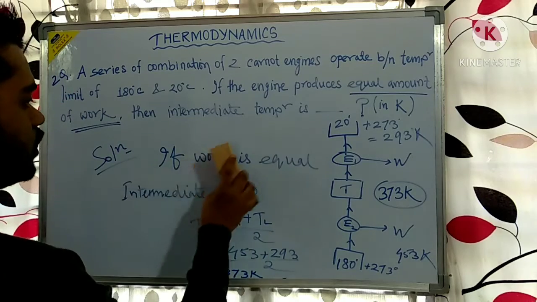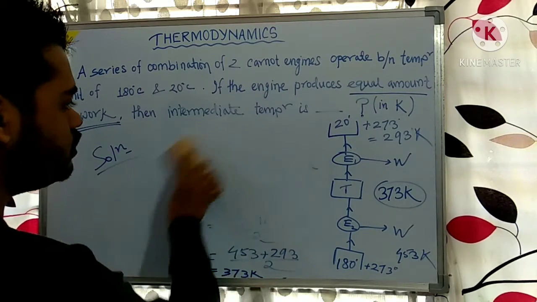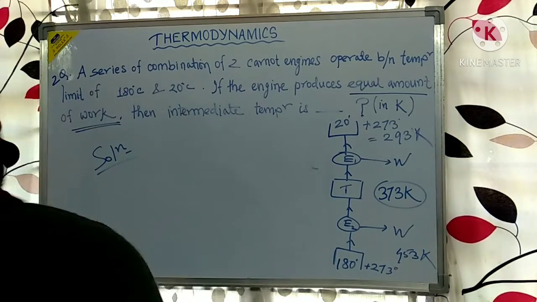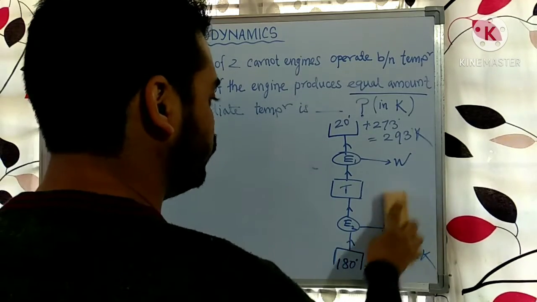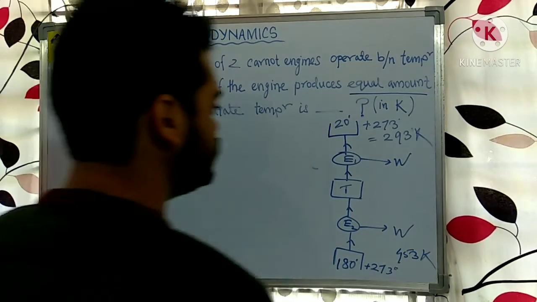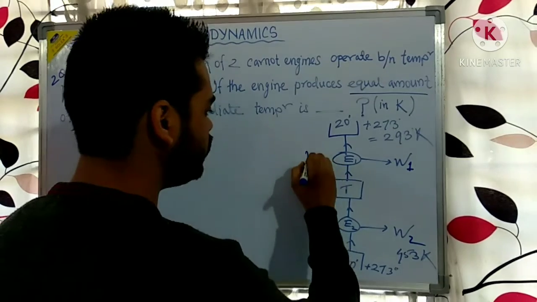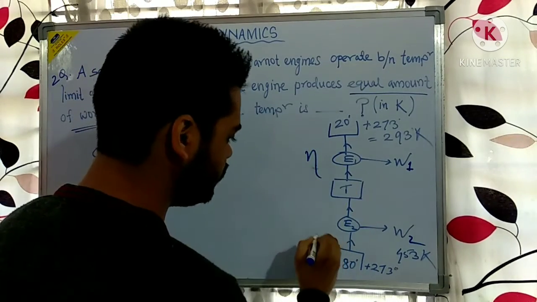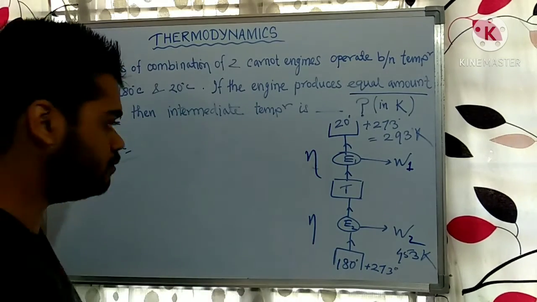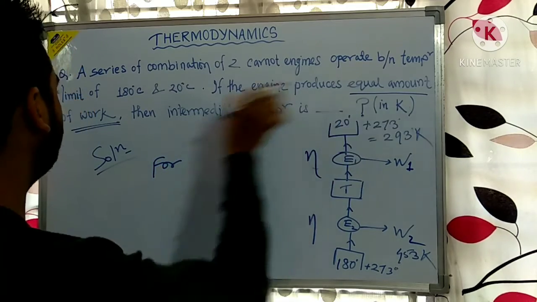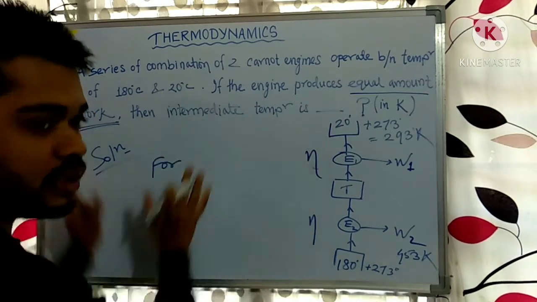Now one extra point. Suppose in the question you are given that the efficiencies of both the engines are same, then what will you do? Suppose the work done is different, but the efficiency of both engines is same. This is not related to your question.